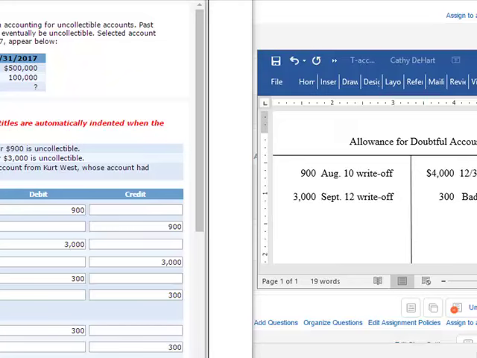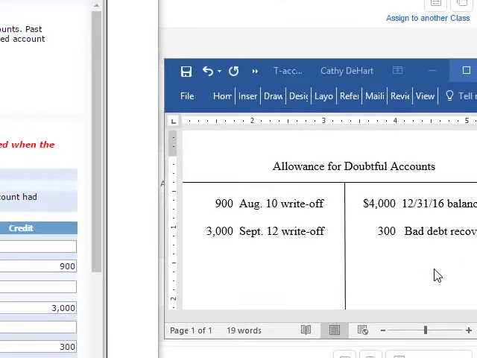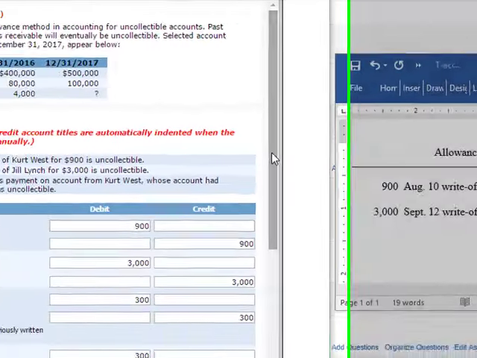So what do we need to do to get it there? Remember, I said earlier that currently it has a $400 credit balance. We want it to have a $6,000 credit balance. Therefore, we need to add $5,600 more to the allowance account through our adjusting entry.